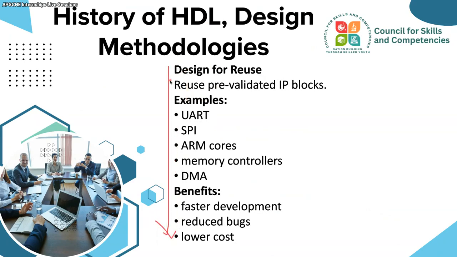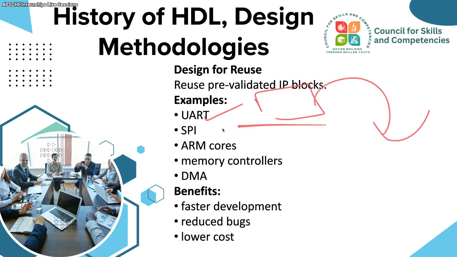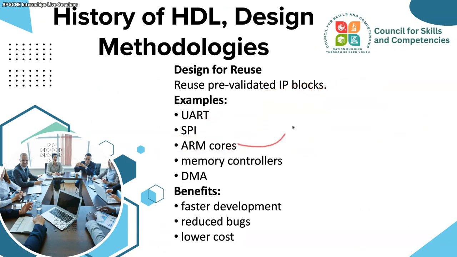Design for reuse, with pre-validated IP blocks. For example, UART: you have already developed it, and you can use it for other applications like SPI. ARM cores: ARM is an IP, intellectual property company. They are not chip vendors, they only design, and they sell the design to chip vendors.